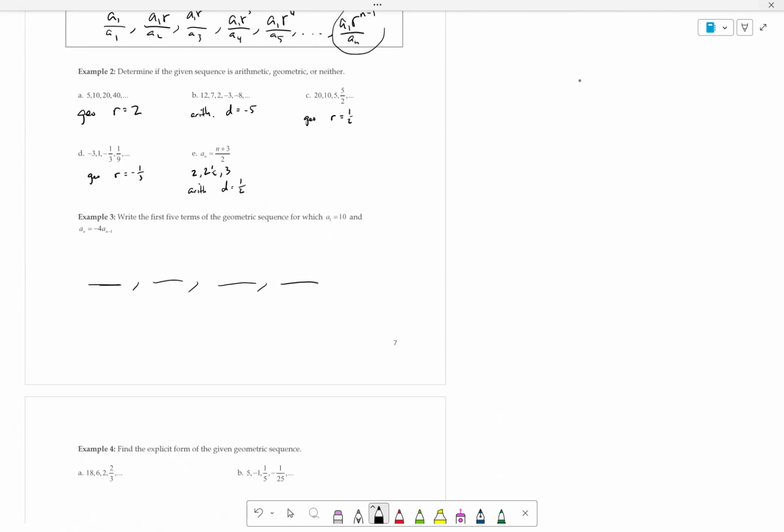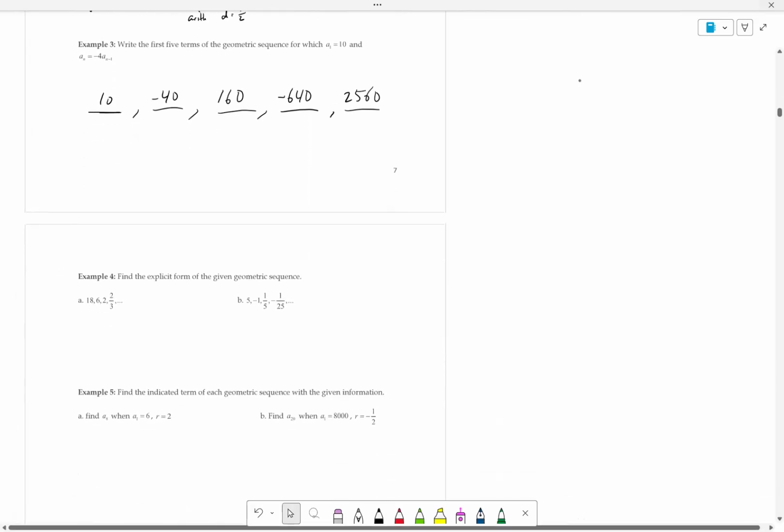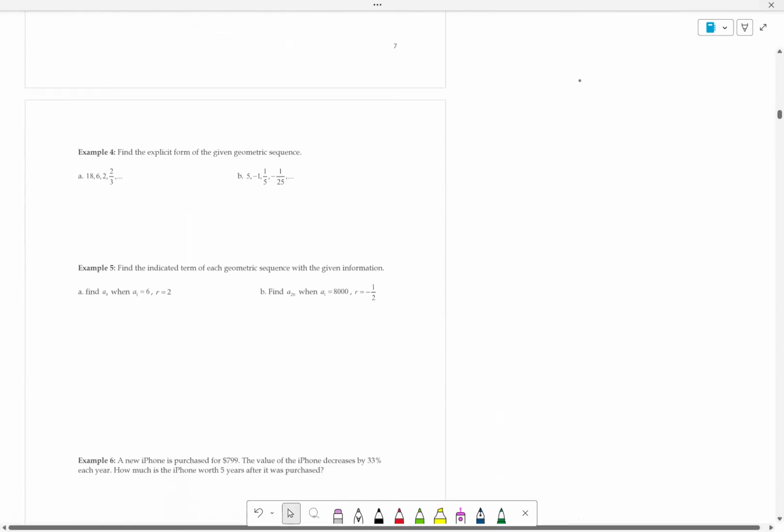Okay, McKenna, we know the first term is 10. Can you tell us the next four? $2,560. Okay. Are we good with these? Can I answer any questions? Thanks, McKenna. Okay, find the explicit form of the given geometric sequence.